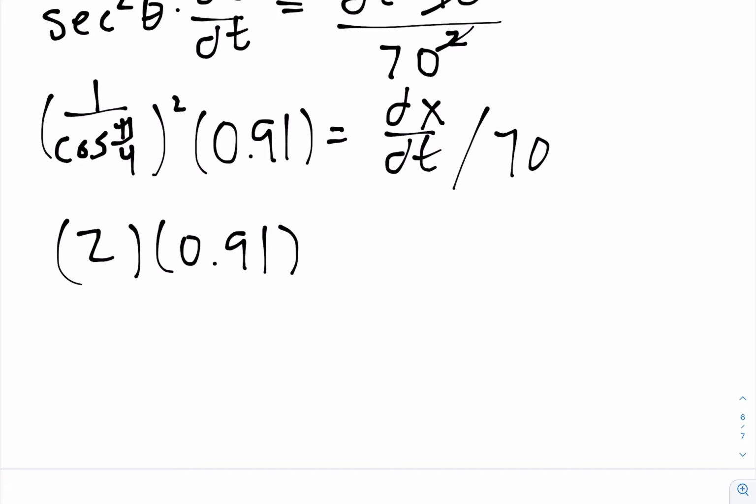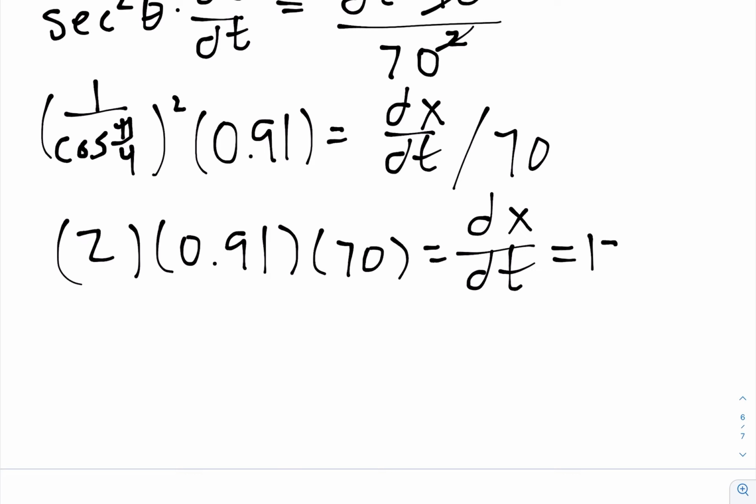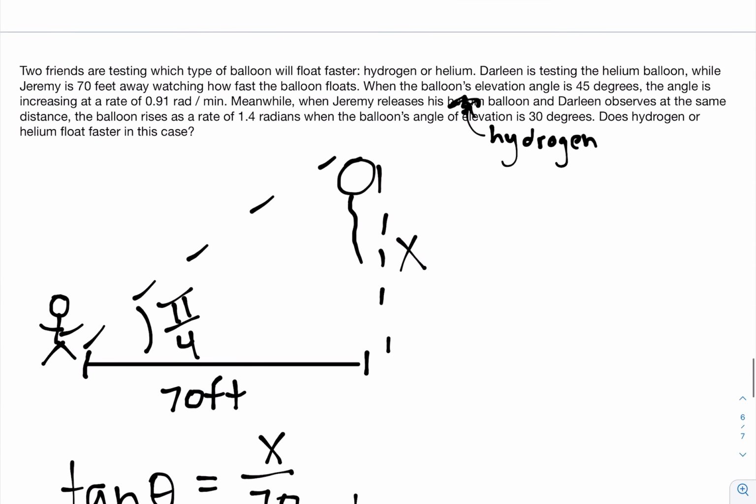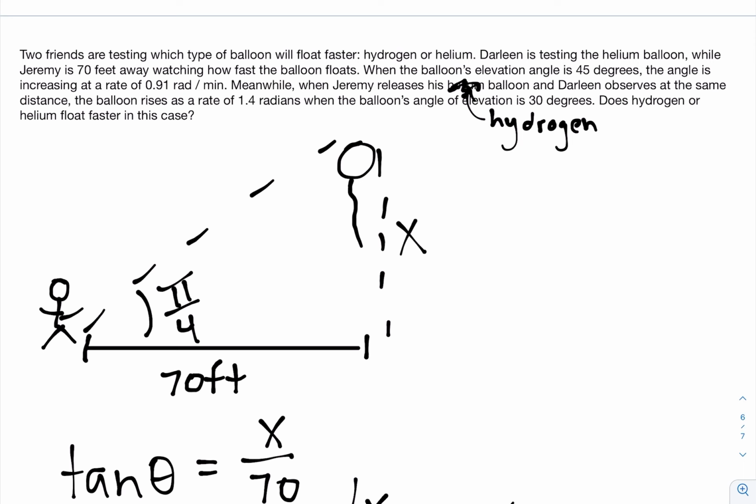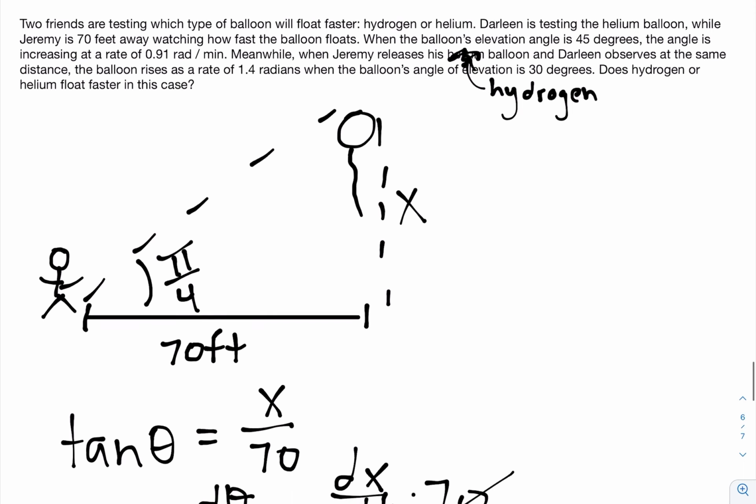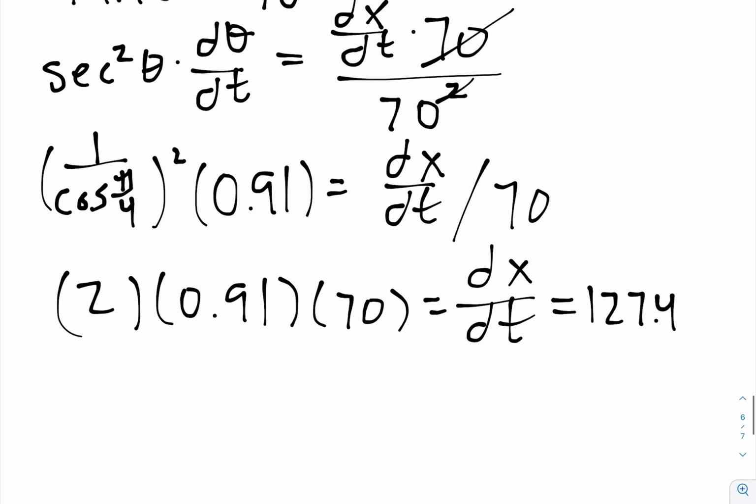And then actually, let's just multiply by 70 to get rid of this 70. That's going to be the rate at which the balloon is rising. So 2 times 0.91 times 70, that's 127.4. And remember, our units are going to be feet per minute, because that's what the question indicated.